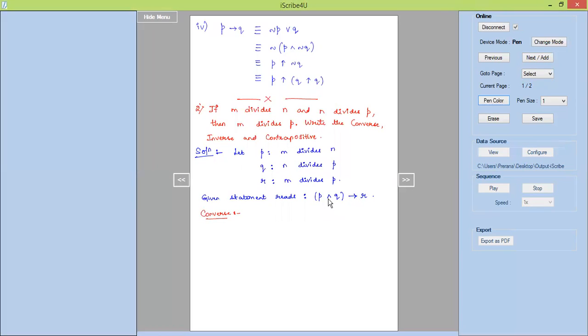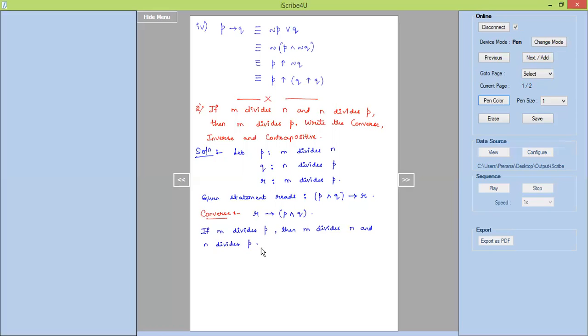So we write R conditional P and Q. This is the converse of the given statement. Now we have to write it in words also. So what does it say? If m divides p, then m divides n and n divides p.